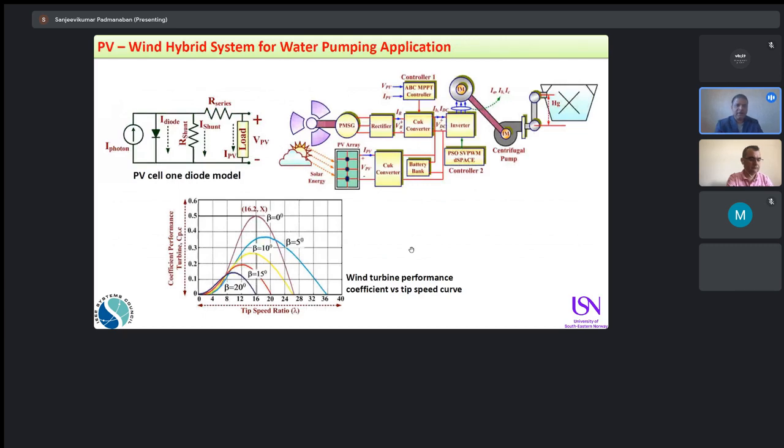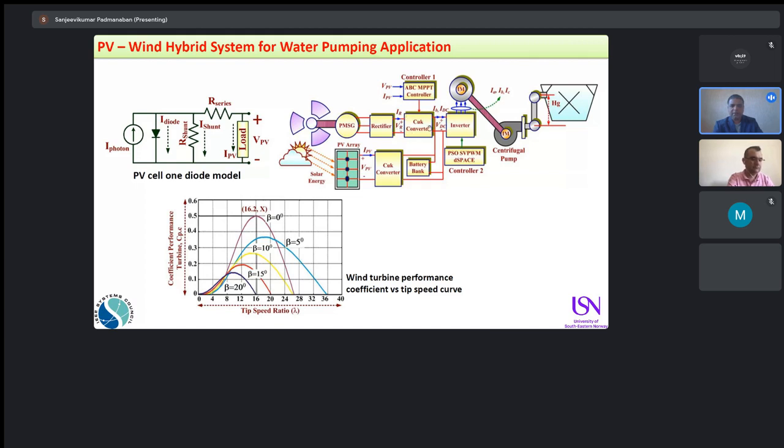This is an example of what we have developed with a synchronous generator as a wind turbine model. So we have a wind turbine model along with a synchronous generator. Then it is given to a rectifier where we convert all this AC power into DC.